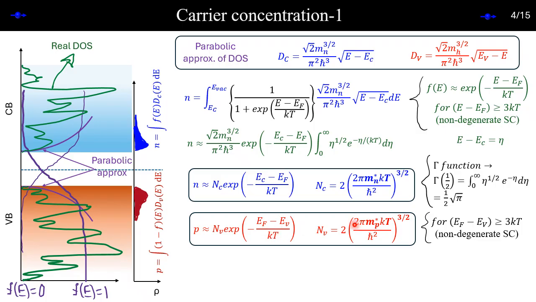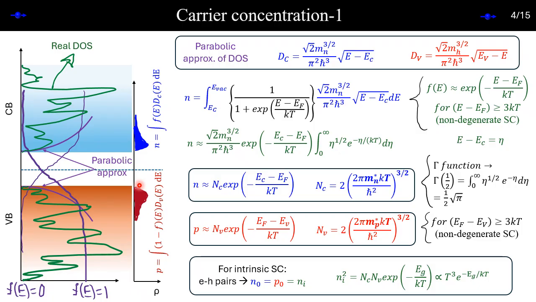If the Fermi energy level is closer to the valence band, do you get a higher number of holes? Yes? Okay, so far things are consistent.